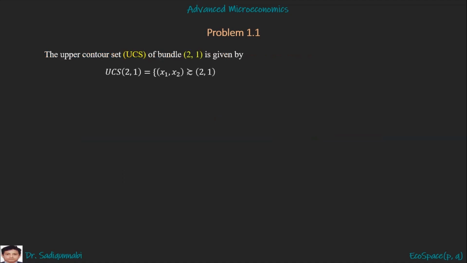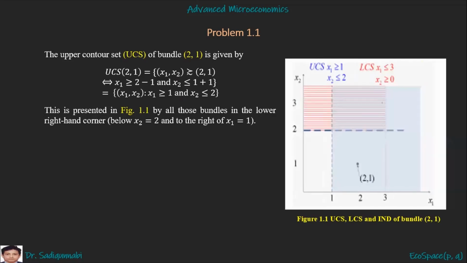If we apply the conditions on the first and second components, we get x1 is greater than or equal to 2 minus 1, and x2 is less than or equal to 1 plus 1. That means our upper contour set is x1 greater than or equal to 1 and x2 less than or equal to 2. This can be presented in figure 1.1.